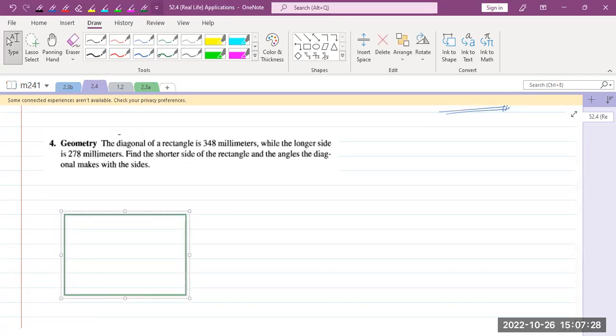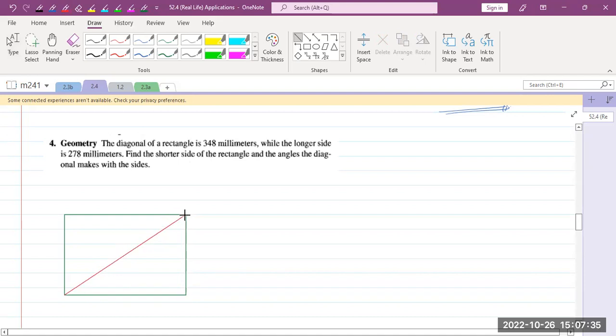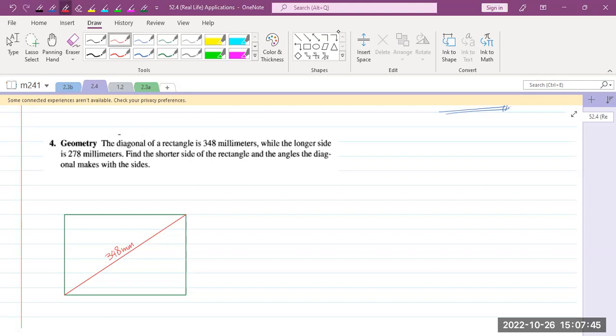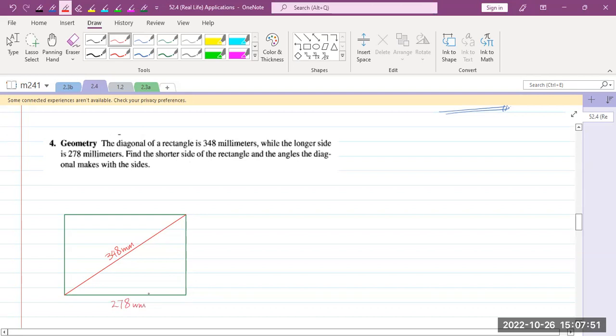Okay, the diagonal, let me use a different color. The diagonal is 348 millimeters, while the longer side is 278 millimeters. Find the shorter side of the rectangle.